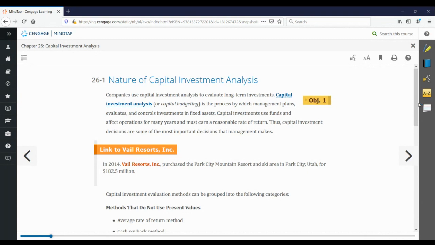And so we need a way to evaluate those investments before we actually invest any money into those investments.